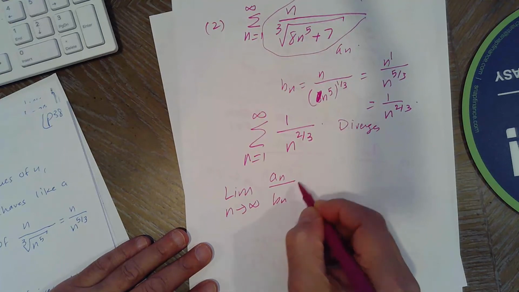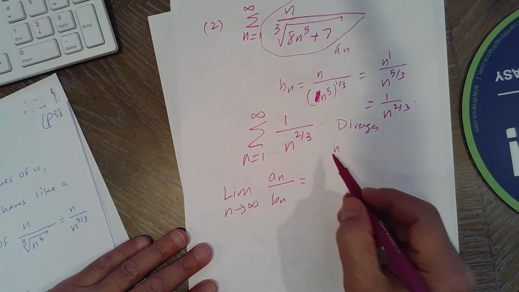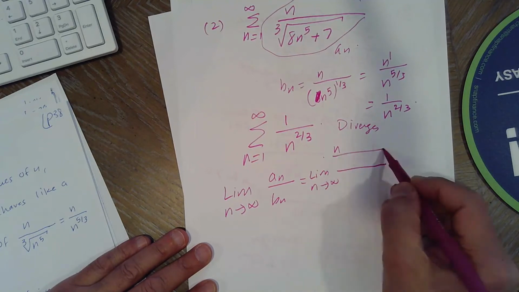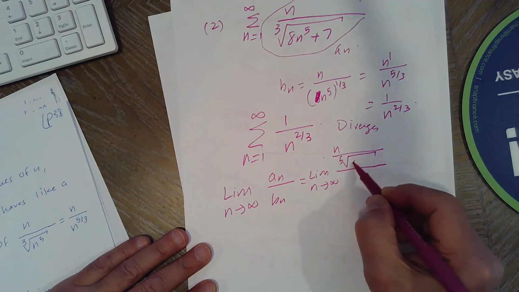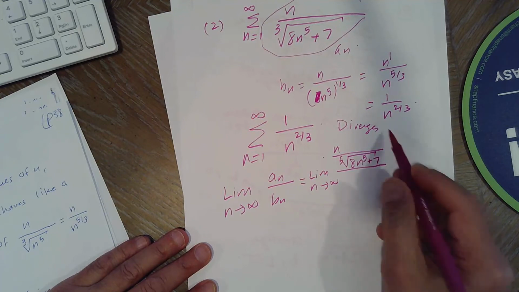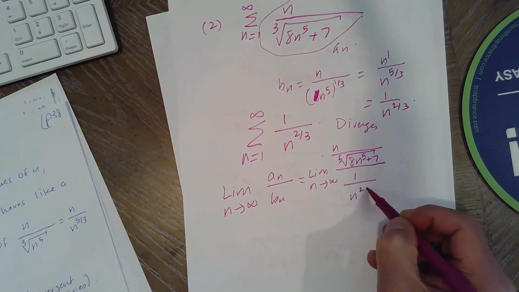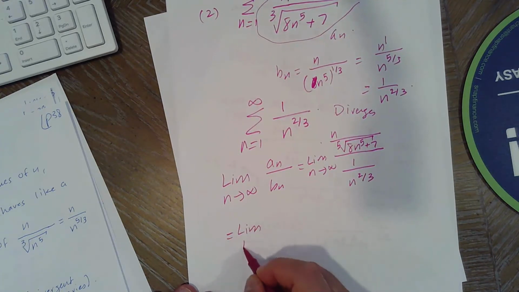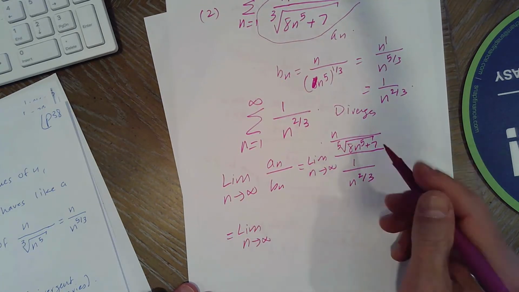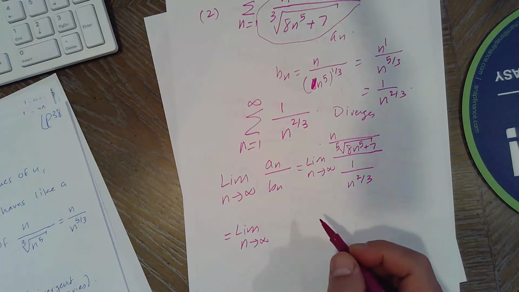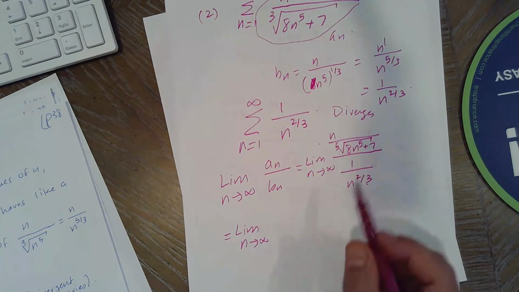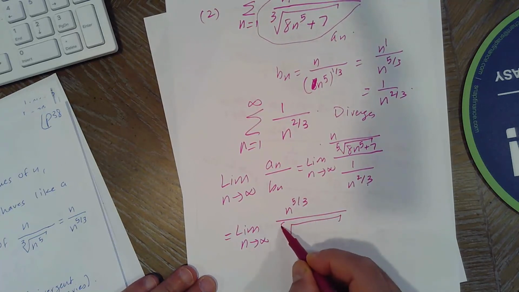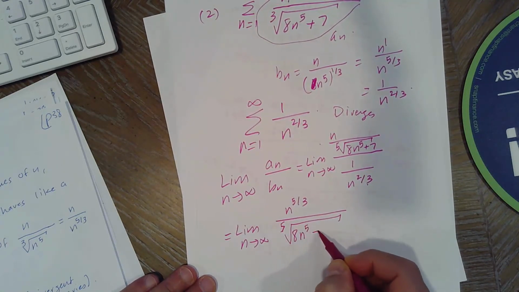an over bn, which is the limit as n goes to infinity of n over the cube root of 8n to the 5th plus 7, divided by 1 over n to the 2/3, which equals the limit as n goes to infinity. Again, we're going to multiply by the reciprocal, so we get n to the 2/3 times n to the 5/3 over the cube root of 8n to the 5th plus 7.